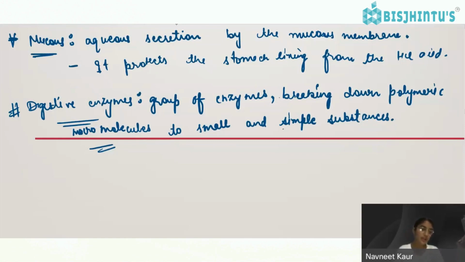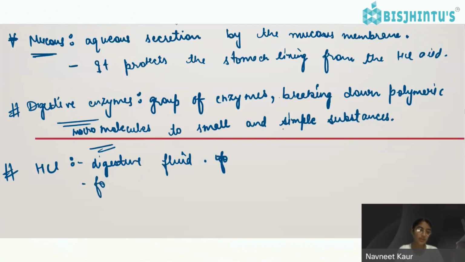Next we have hydrochloric acid. It is also known as a digestive fluid, which is responsible for digestion. हम लिख देते हैं in the form of points also. It is formed by, किसके द्वारा form होता है? Formed by stomach during the process of digestion.